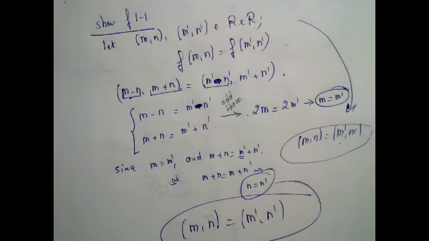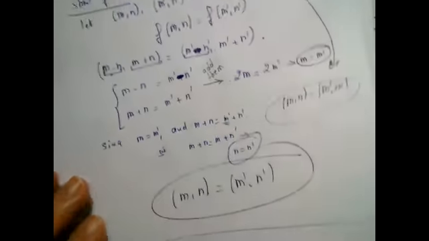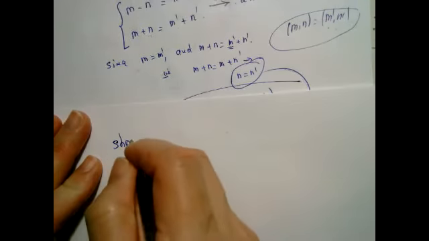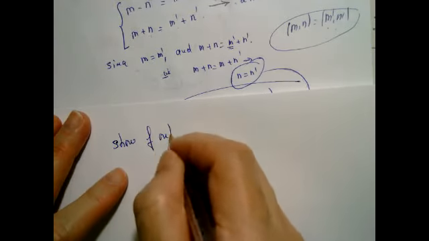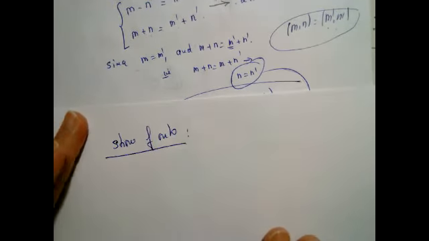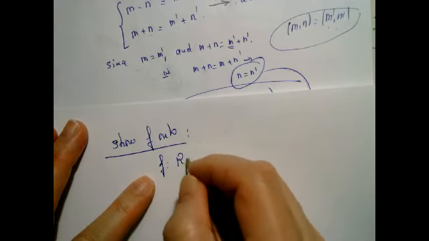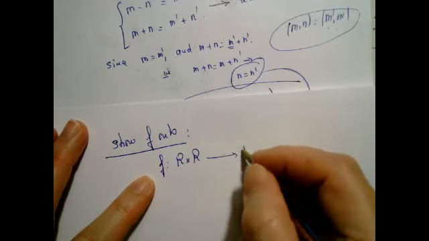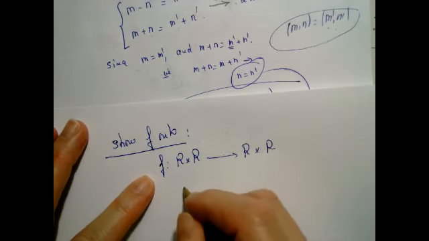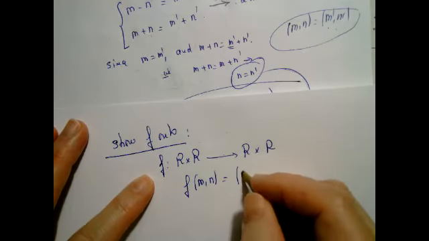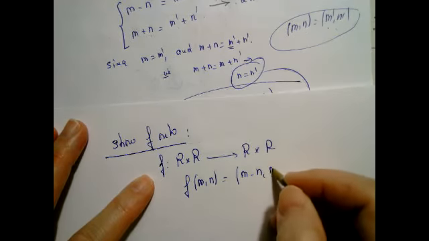Now, question number 2 is: show that F is onto, and then find a formula for F inverse. So show that F is onto. Again, I write this F. My F is defined on R cross R, and it takes the input m, n to m minus n, m plus n.